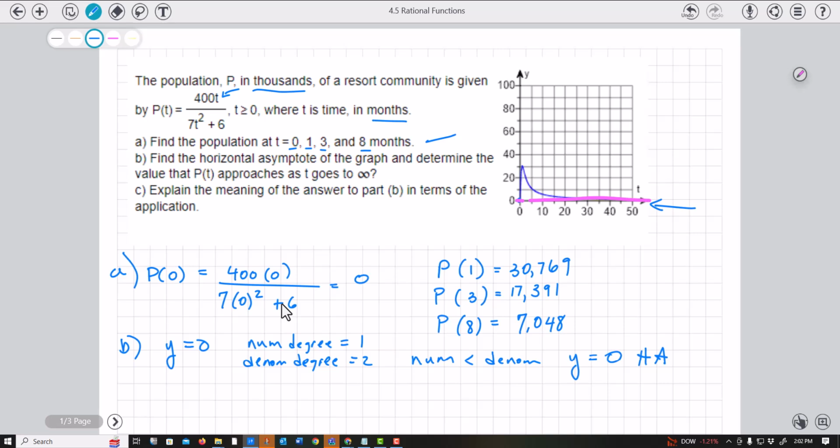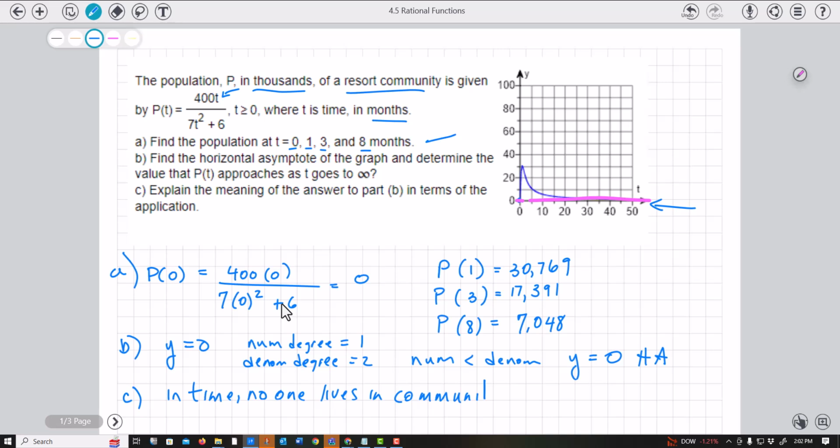All right, part C: explain the meaning of the answer to part B in terms of the application. In other words, what's happening in the long run? I don't know what's happening to these people. Let's not say they're dying, they're leaving. So it looks like in the long run, no one lives in this community.